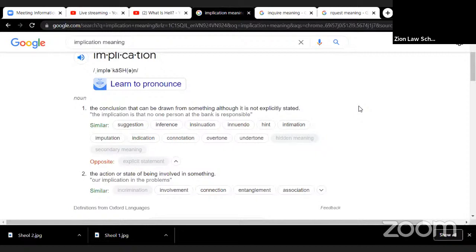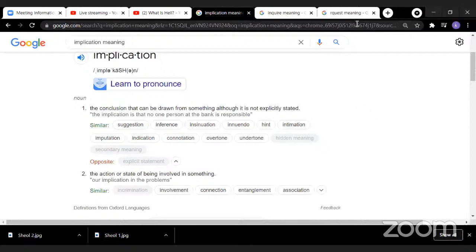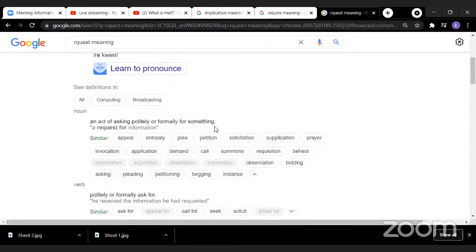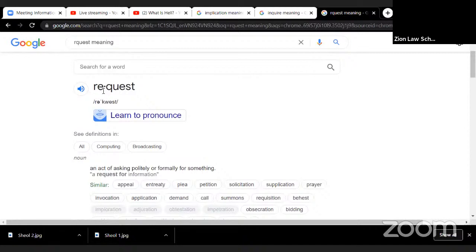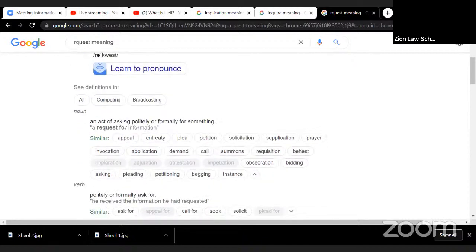Do you agree? So in other words, if you ask for something, does that mean you are requesting something? Let's look up request. Yes, I would say if you're requesting something, yeah. If you inquire, yes, I would say it is. Request: an act of asking politely or formally for something.